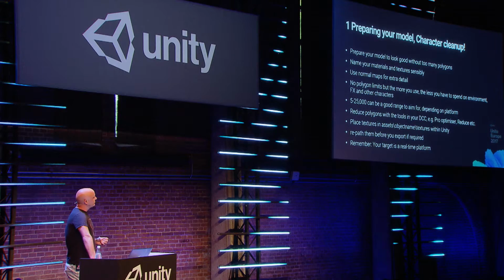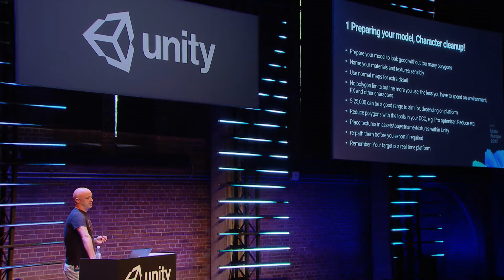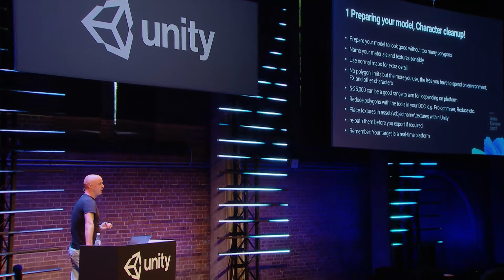OK, so when you're working with a character model, there's lots of ways of generating that content. You might be working with a highly complex polymodeling, voxel-based solution, sculpting tools, character generators, 3D Studio, Maya, any of those digital content creation tools, and I may refer to them as DCCs from now on.